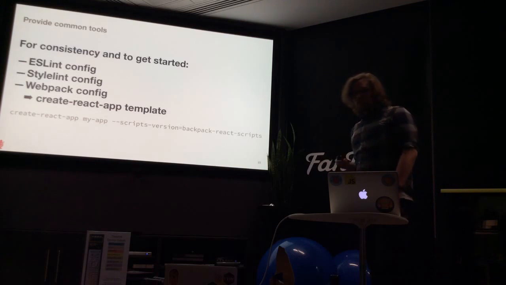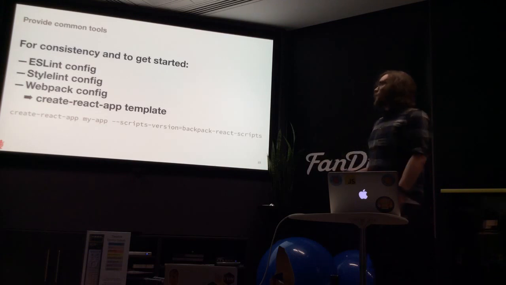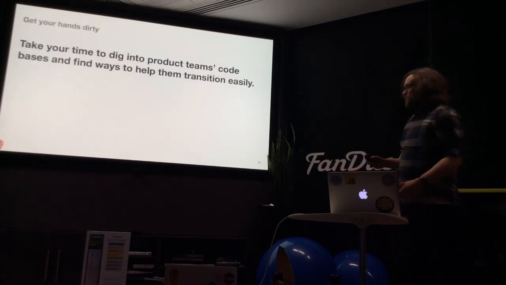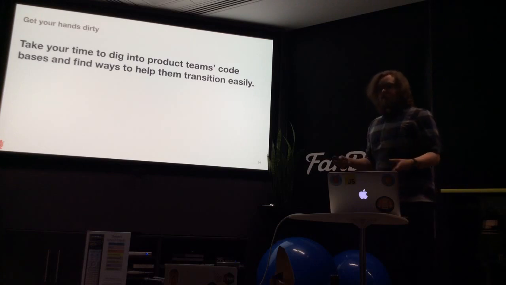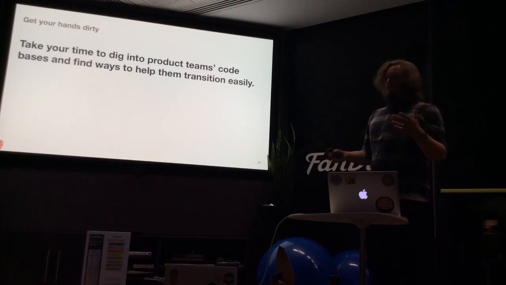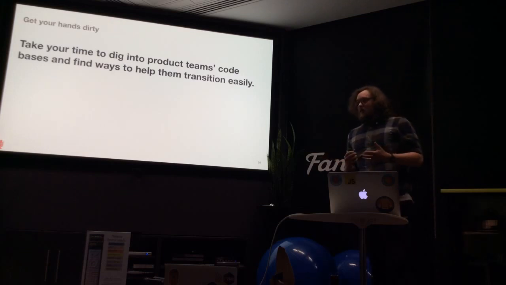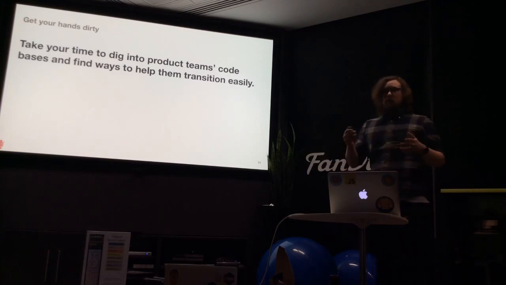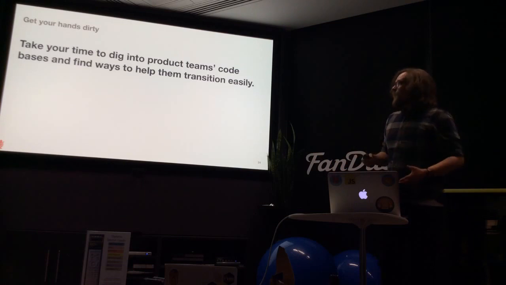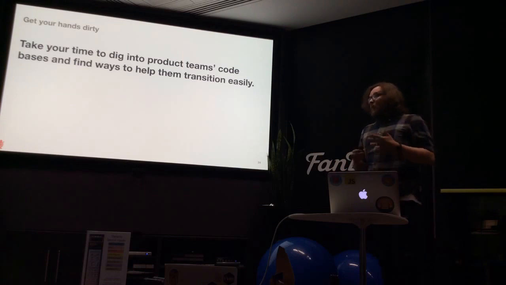And if it's still too difficult for folks to get started with this, we try and get our hands dirty. So we talk a lot to the development teams in Skyscanner, and sometimes it just pays off to take the time to dig into their code bases because they don't have time or they don't have the knowledge.